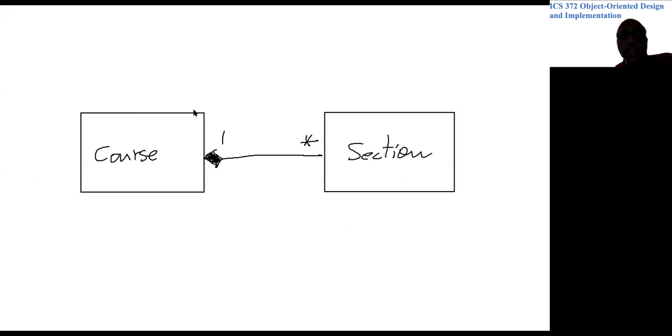So we show this using a UML diagram where we draw a rectangle for representing the Course class, and a second rectangle for representing the Section class, and draw a line from Course to Section with a little diamond here that I have darkened, to mean that a course can have multiple sections.